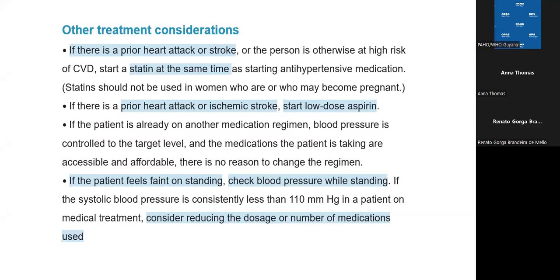We have to deprescribe medication. Even though we know these treatments are effective, we must keep in mind that side effects may decrease quality of life. So it must be considered during monitoring.